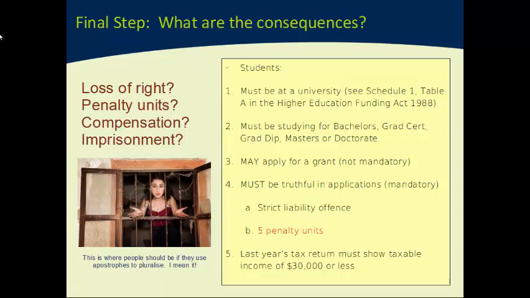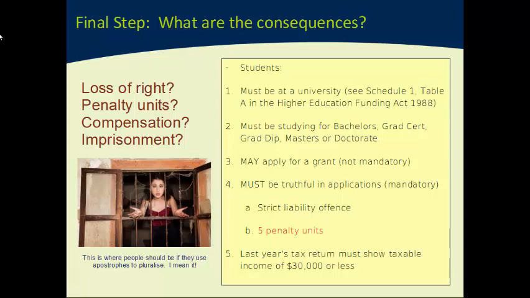A student may apply for a student support grant if A. the student is enrolled in a degree program at a higher education institution, and B. the student's taxable income for the previous financial year was less than $30,000. Now, to understand that, you have to refer back to a definitions section which I've created, which defines both higher education institution, degree program, and taxable income.